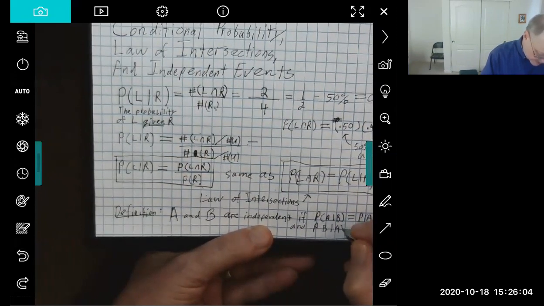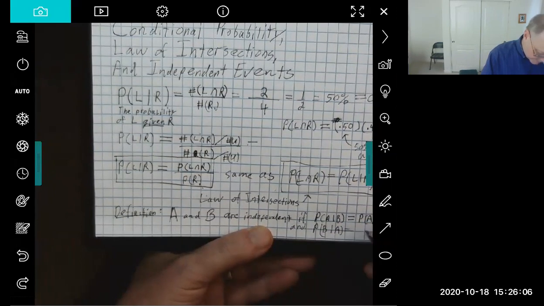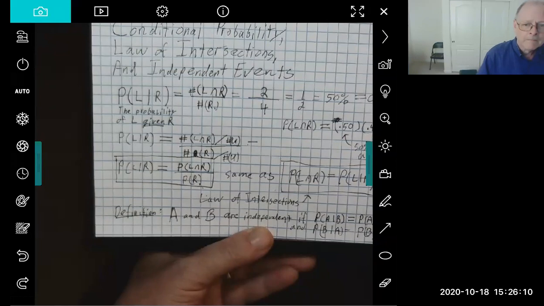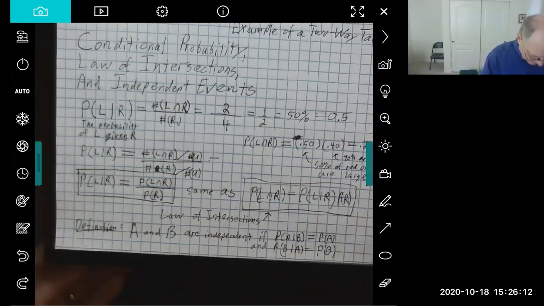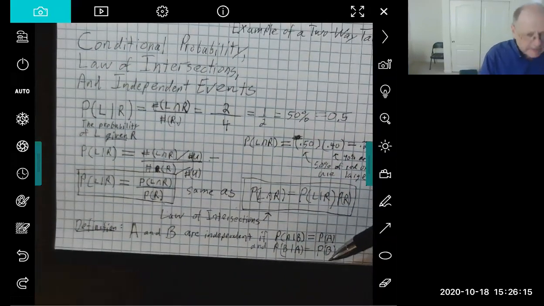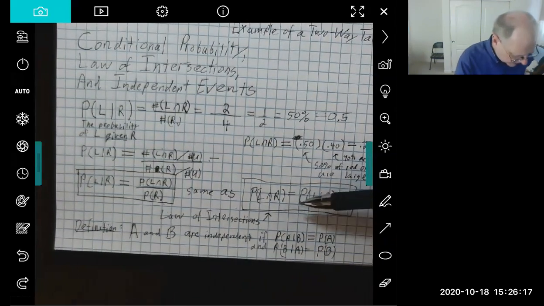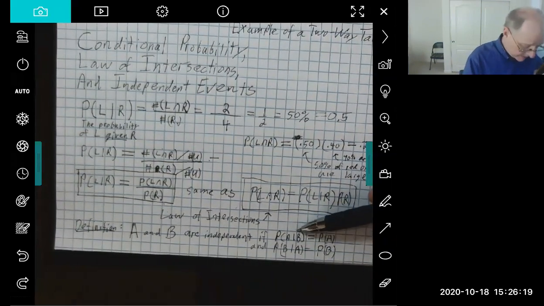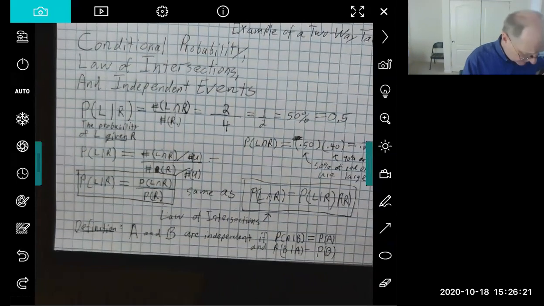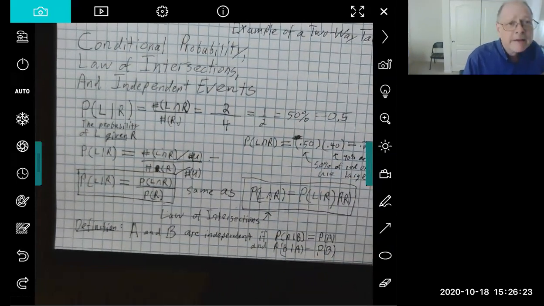And P of B given A is just the same as P of B given nothing. So if being told that B happens does not change the probability of A, that's independence.